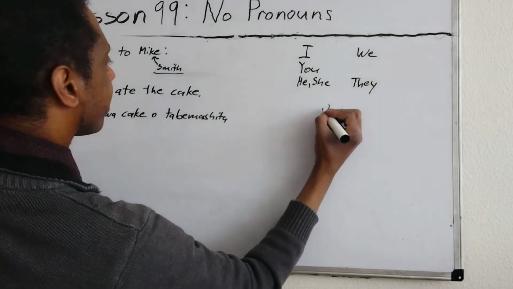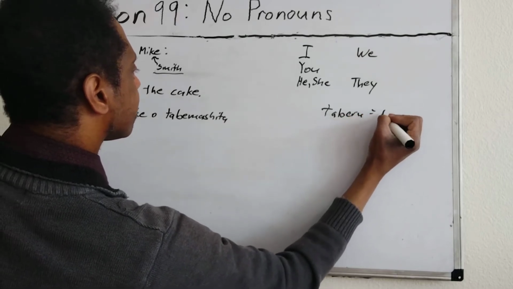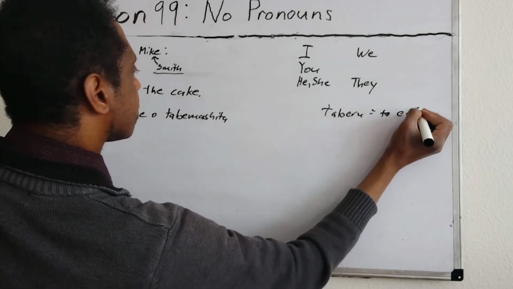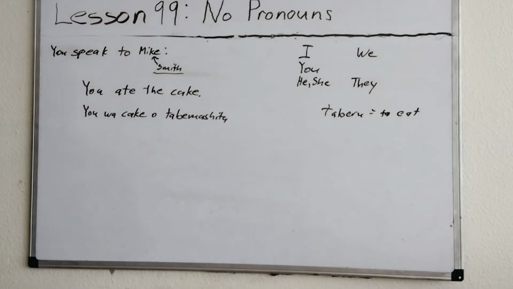Taberu means to eat. Okay, you could say you wa cake o tabemashita. In Japan, you often do not use you. It's very impolite. You just don't do it. You could, but you have to have a special reason.